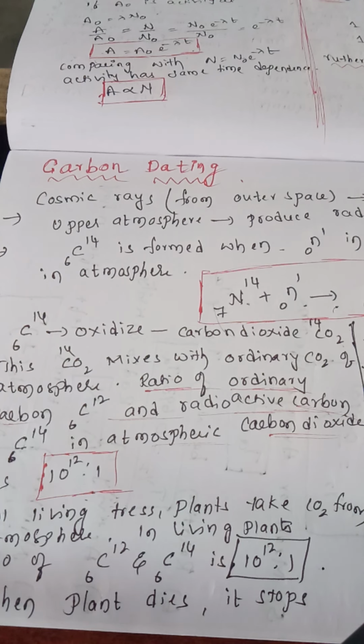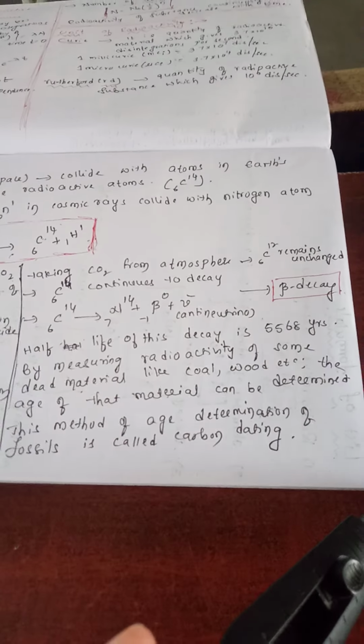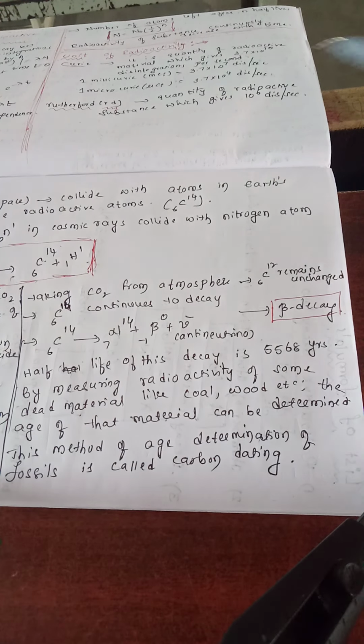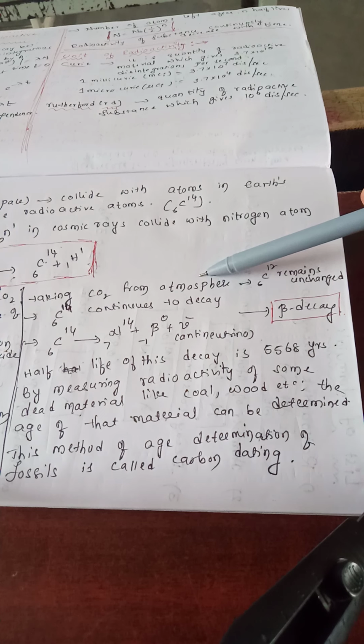Now let us think that a plant has died. So when a plant dies, what happens? Until the plant is alive, it takes carbon dioxide. When the plant dies, it stops taking CO2 from the atmosphere.